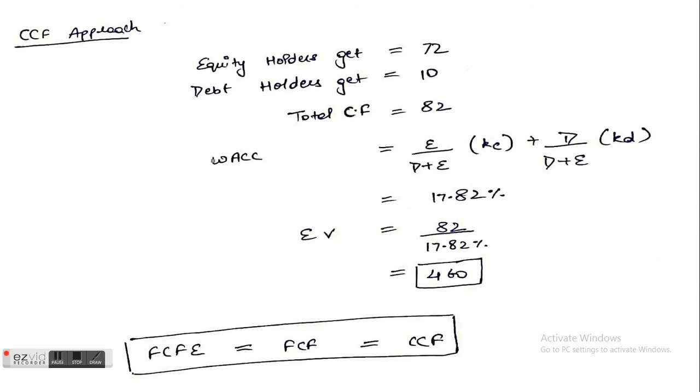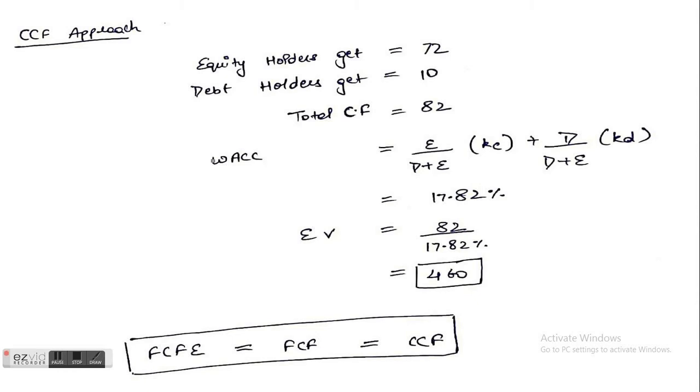So what is the total capital flow out of the company? The total capital flow will be 72 plus 10, which is 82. Please note that here the value is not 80 as in the previous approach, and the difference of 2 is basically the tax saved on the interest shield.